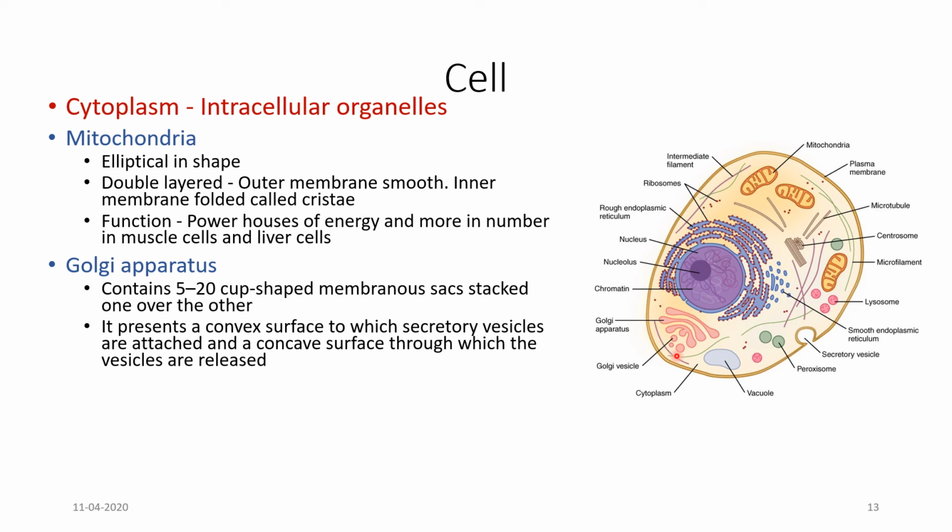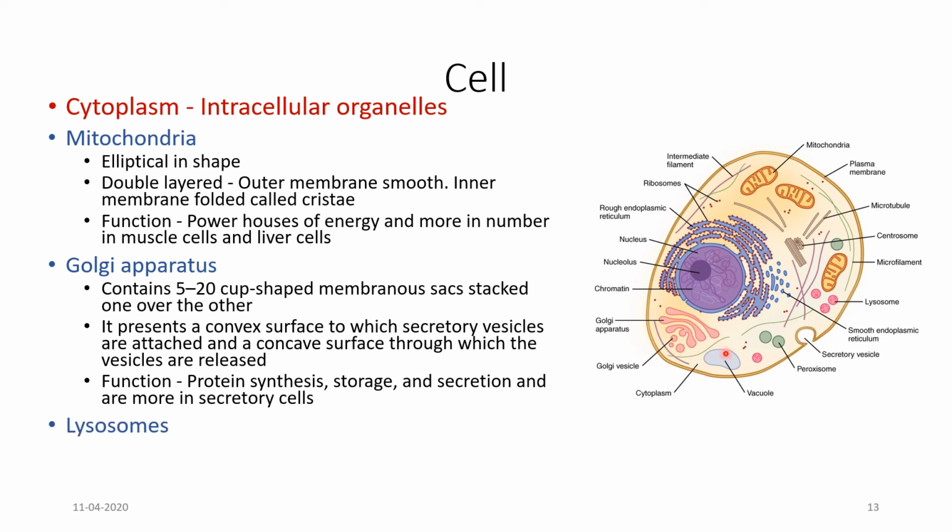The Golgi apparatus, its function is concerned with protein synthesis, storage of protein and secretion of it, and there will be a number of secretory vesicles. The other component is the lysosomes.